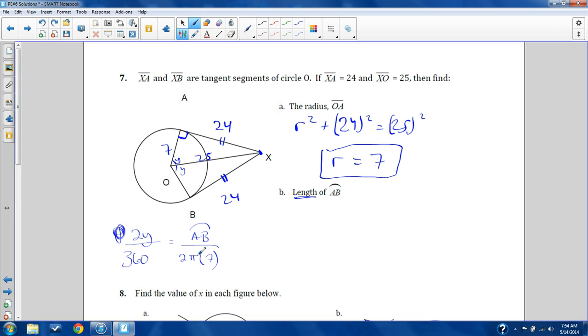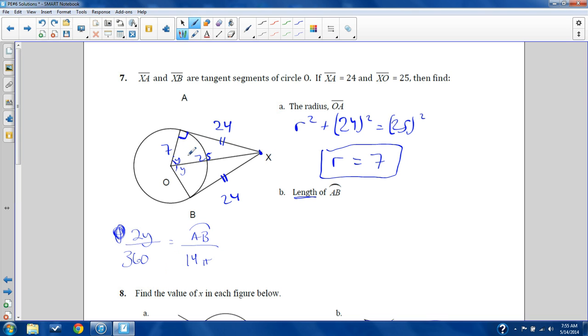So that's 14 pi. Let's go ahead and write that right now. We set up our proportion a little prematurely. We still need to find out what Y is, but as we do this, this will help us find the length of arc AB.